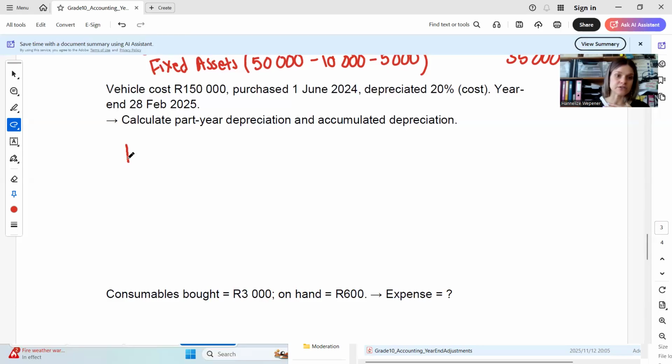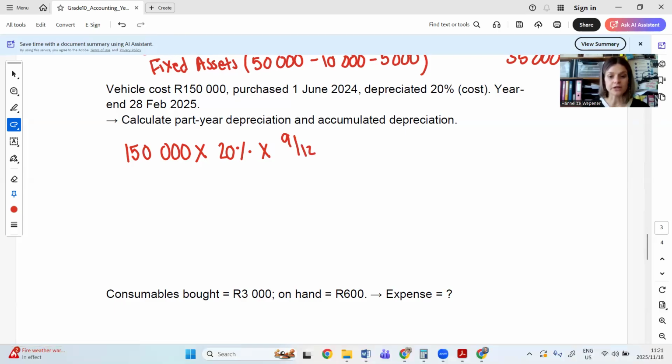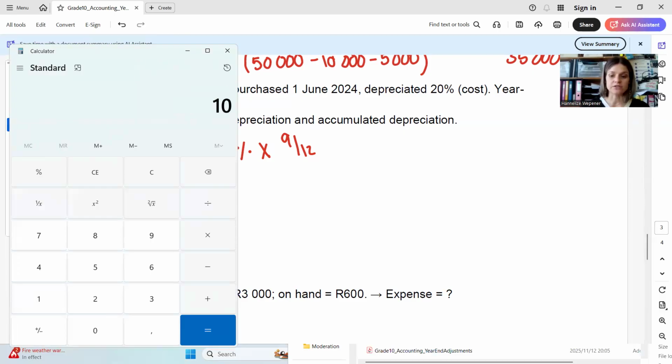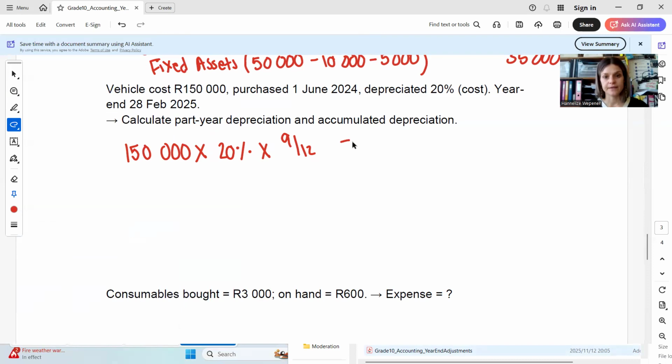So the amount is the cost, 150,000, times the rate, and that is 20%, times June, July, August, September, October, November, December, Jan, Feb. So times 9 out of the 12 months. So now we only had it for part of the financial year. So 150,000 times 20% times 9 divided by 12, 22,500. Okay.